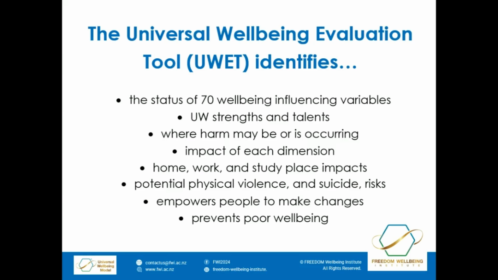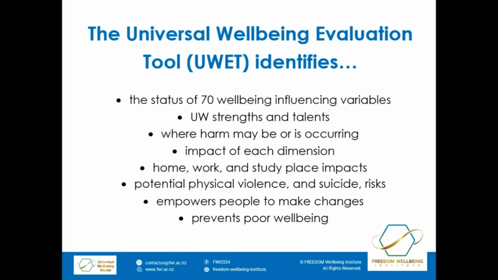For example, the social dimension might be an area that is really of great concern to you, or it might be a strength. The evaluation can also determine the extent and the type of influence we might be experiencing from our home, work, and or study place setting.